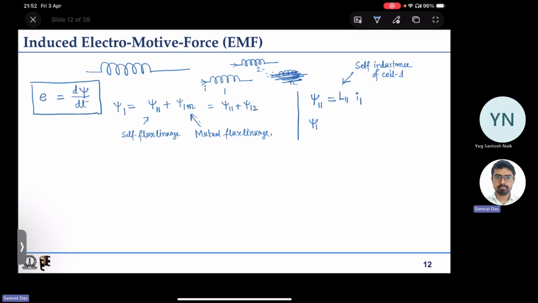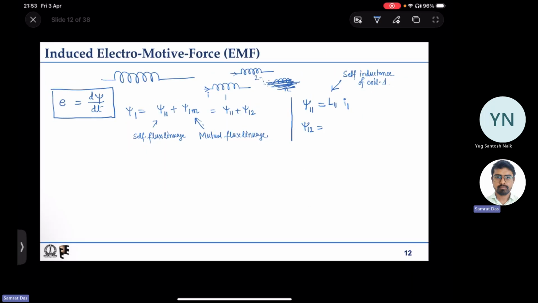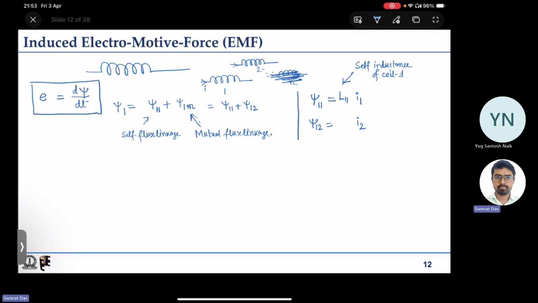Now mutual flux linkage between coil 1 and coil 2 is proportional to the current I2, where the proportionality constant, say L12, is the mutual inductance between coil 1 and coil 2. So we have these two things.